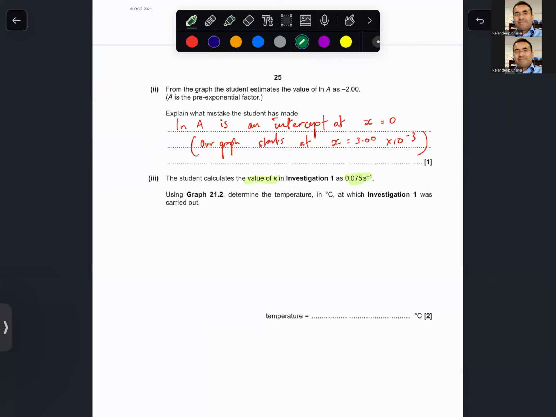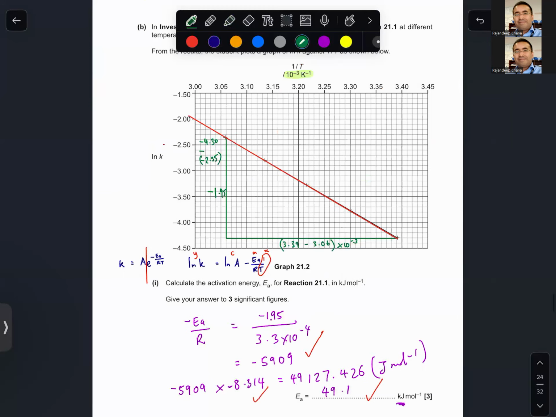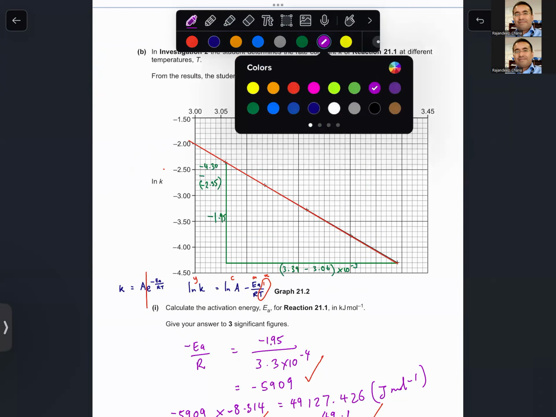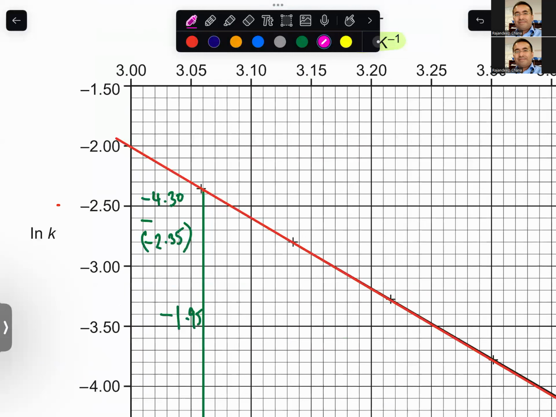Natural log of 0.075 gives you minus 2.59. So minus 2.59, that's 2.6, 2.7. So if we just zoom in a bit, that will be about there.